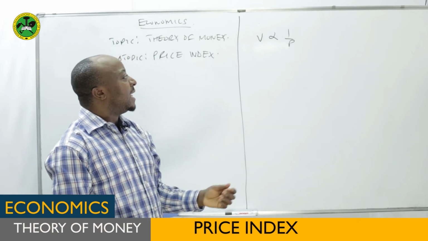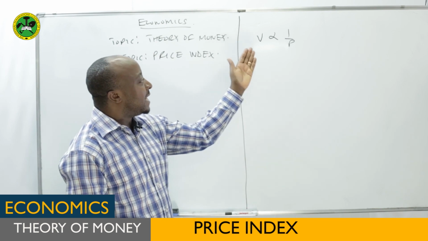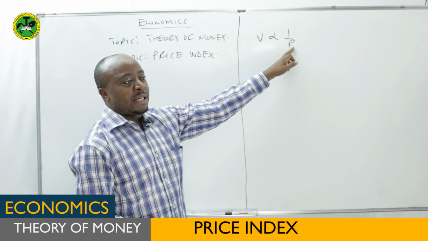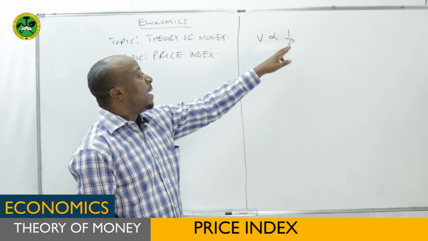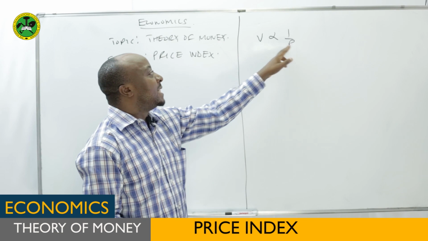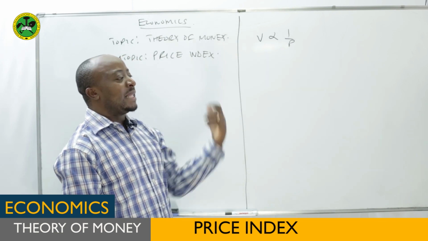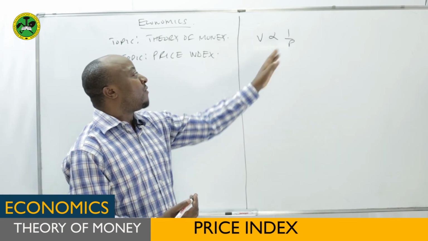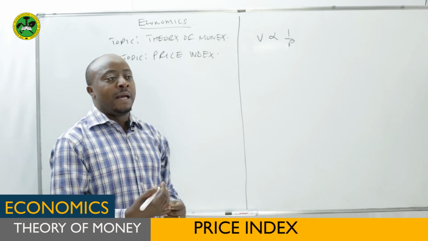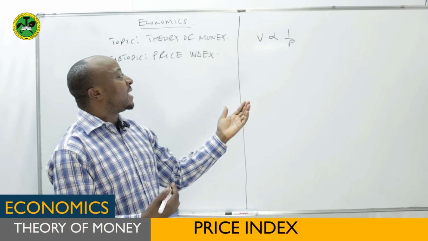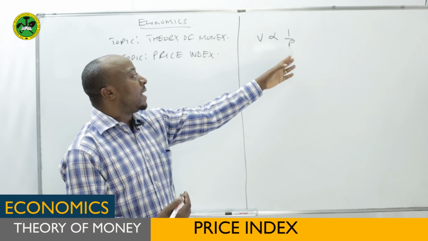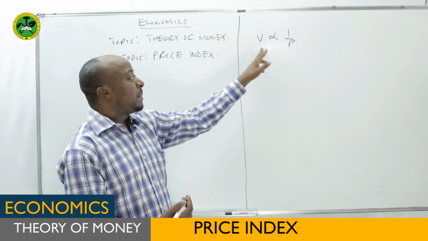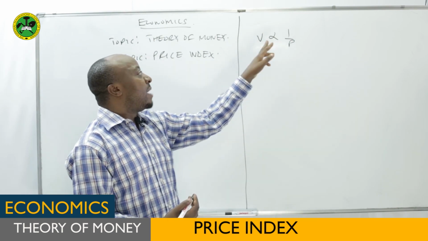So there is a relation between the value of money and the price of goods and services, because the price of goods is determined in terms of money. For example, when we ask how much this item is sold for, we want to know the purchasing power of money for that given good or service. So as the price of goods increases, we expect the value of money to fall.